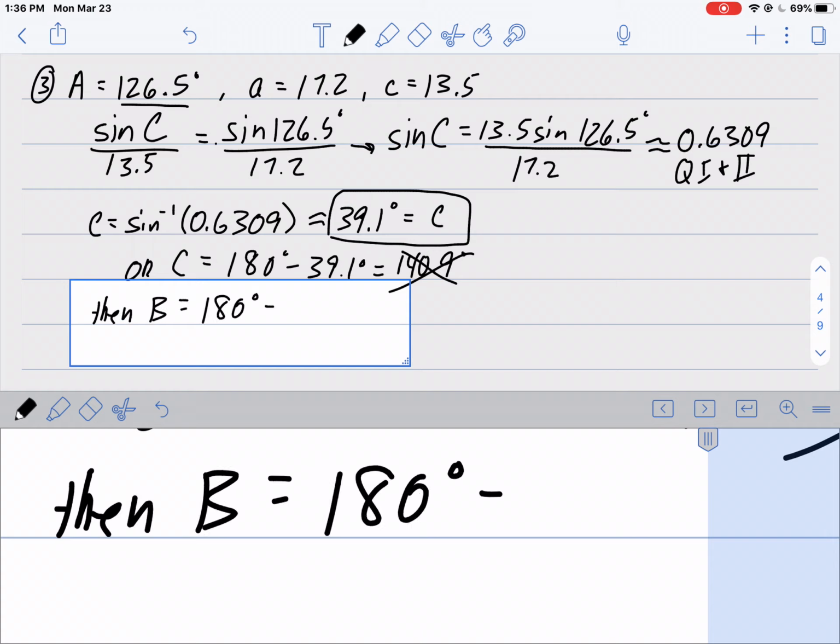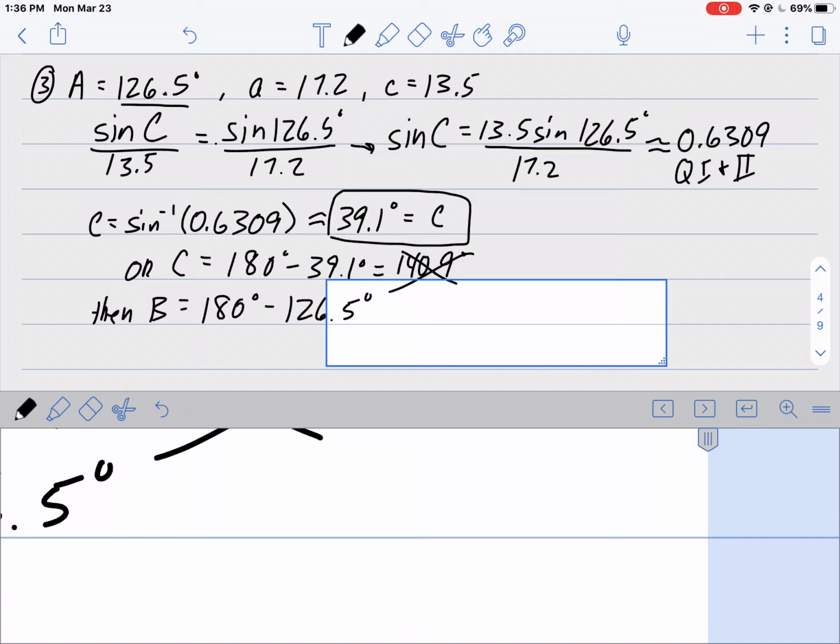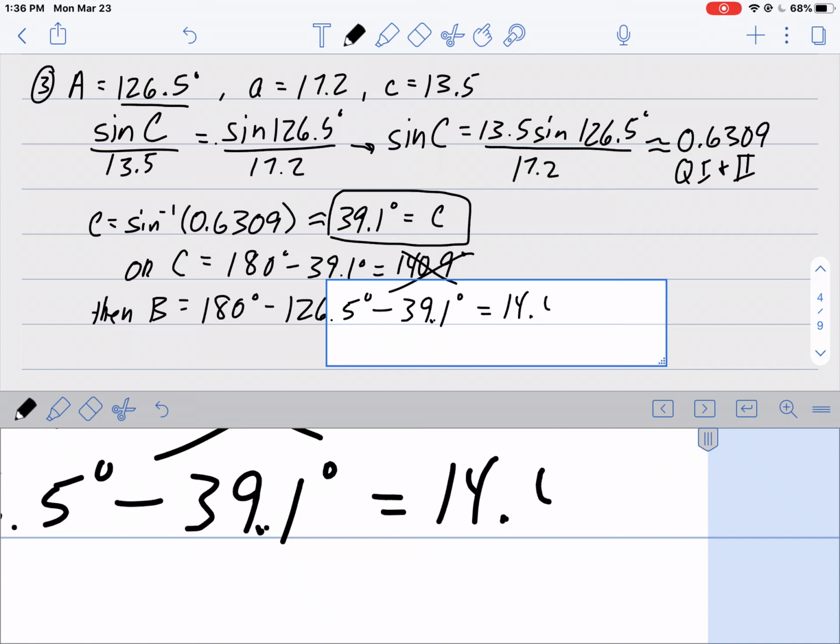So B would be 180 minus the other two, 126.5 for angle A, and 39.1 for C. Right. And that leaves us with, what, 14.4 degrees for angle B.